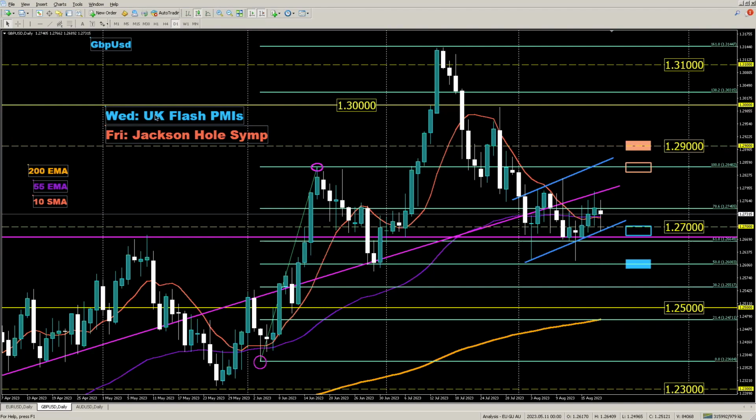So let's see how the news affects the price action for the cable and the sterling pairs this week. But it needs to continue to hold above this interim support.